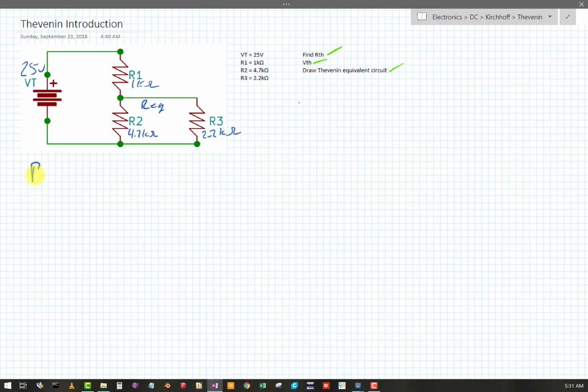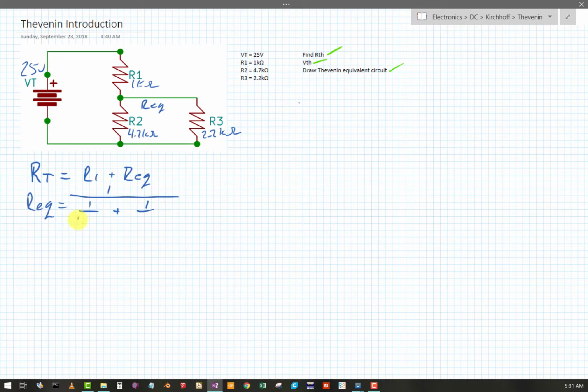Okay, so our total of my original circuit is going to be R1 in series with Req. Well, let's figure out what Req is. Req equals 1 over the sum of the conductances, and then reciprocal to get back to resistance.